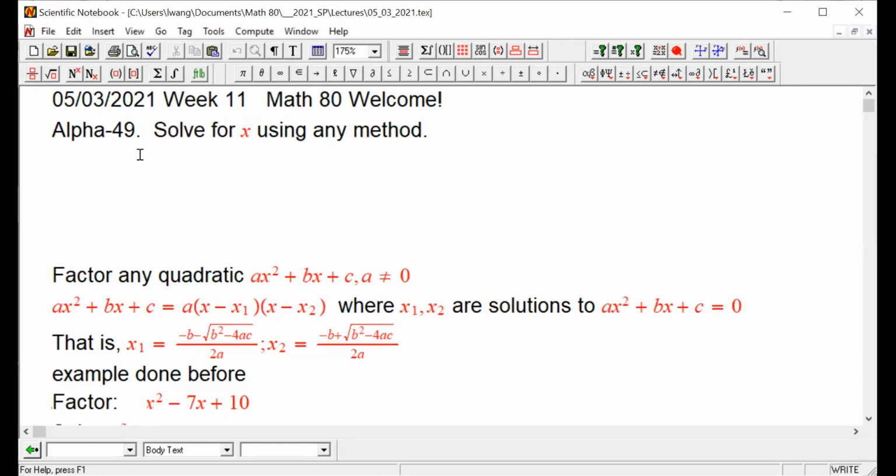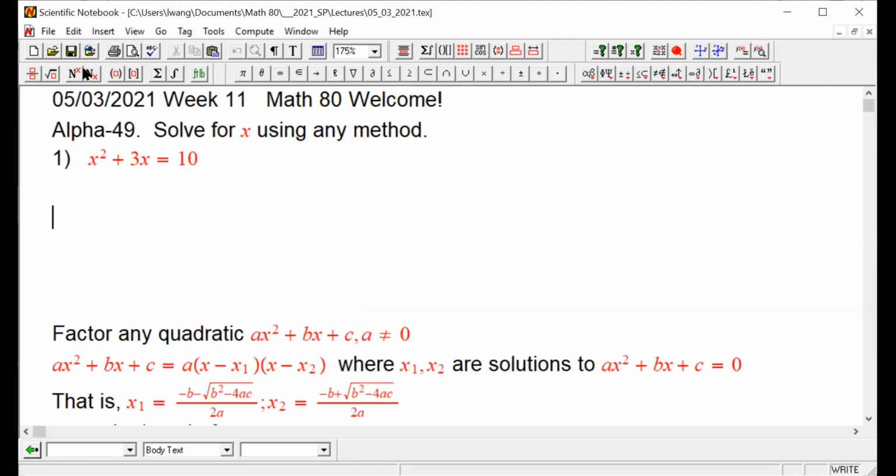So using any method, we mean the factoring method, quadratic formula, completing a square. So all these three methods. Okay, so let's take number 1, for example. x squared plus 3x equals 10.